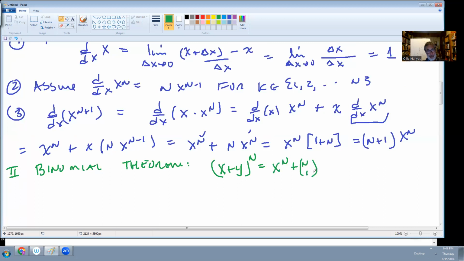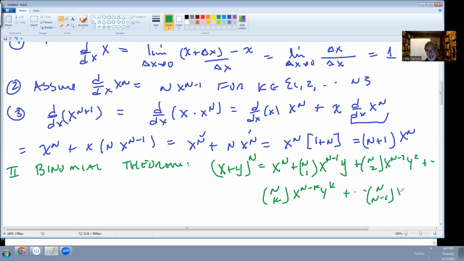And now these things I'm writing down are called the binomial coefficients. The typical thing is n choose k, x to the n minus k, y to the k. And then the next to last one is n choose n minus 1, x, y to the n minus 1, and then the very last term is going to be y to the n.